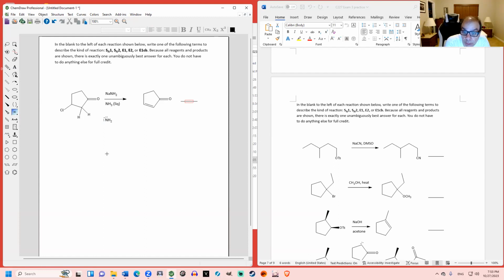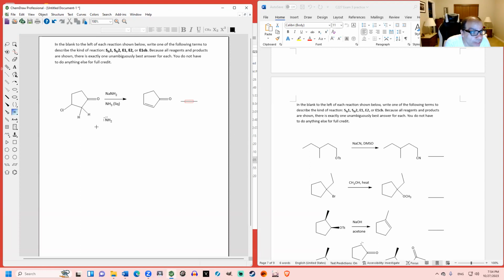It's a very strong base. The way I know that is because nitrogen doesn't very well stabilize that minus charge. Yes, it's a little electronegative, but it doesn't stabilize the minus charge very well. So I expect you to recognize NH2 minus as a strong base.